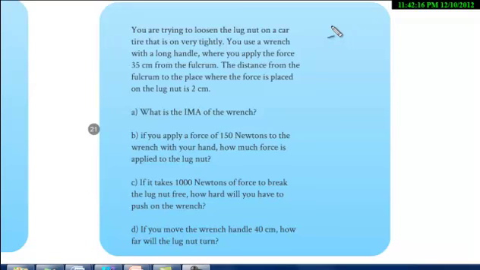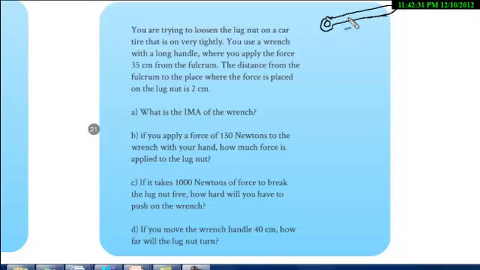Well, a lot of times with these problems, it helps to maybe draw a picture. So let's picture a lug nut wrench here that wraps around this lug nut and has a nice long handle.